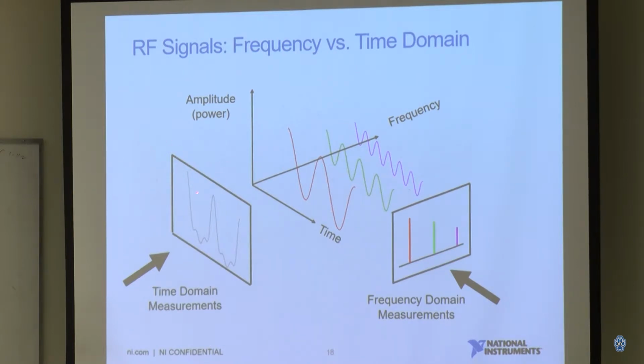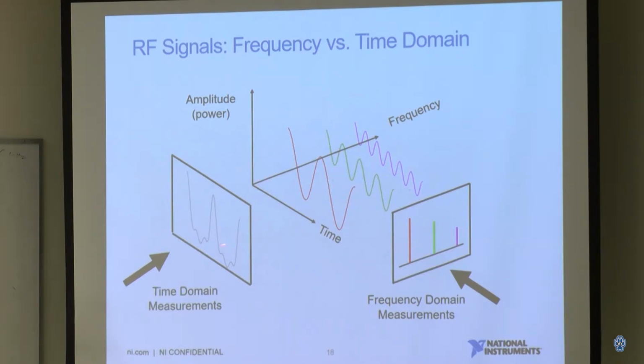So here is an example to show how the RF signal looks. When we talk about an RF signal, we also talk about time domain and frequency domain. You can consider this like a three-axis chart. Let's say the vertical is amplitude, in power for RF, this direction is frequency, and this direction is time.